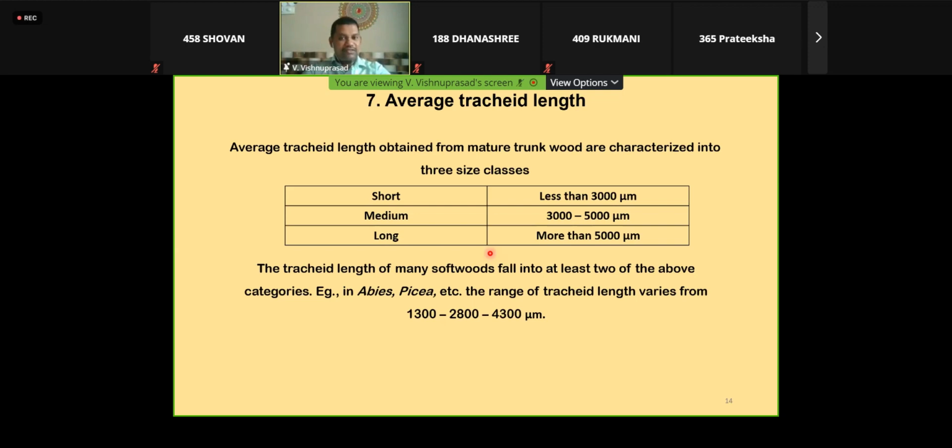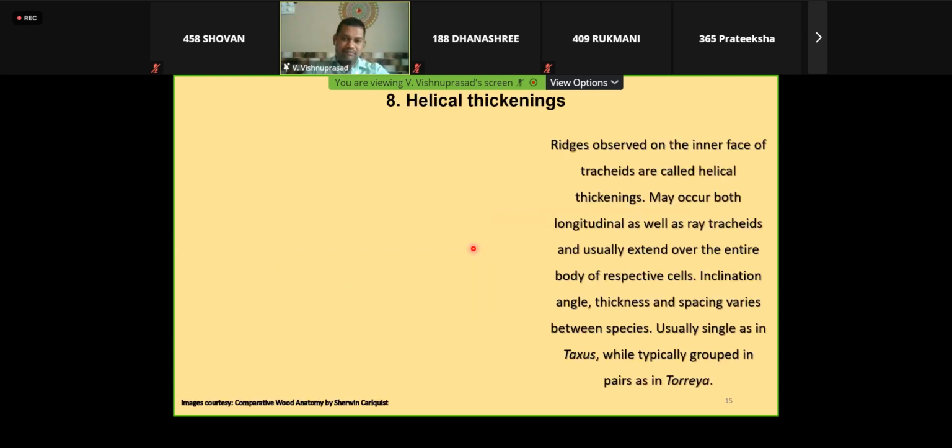Then, very interesting, another feature which you can find in a softwood is something called helical thickenings. In a longitudinal section, you will find there are tracheids and sometimes there are fibers upon which there will be sclerenchymatous rings present. They are called helical thickenings.